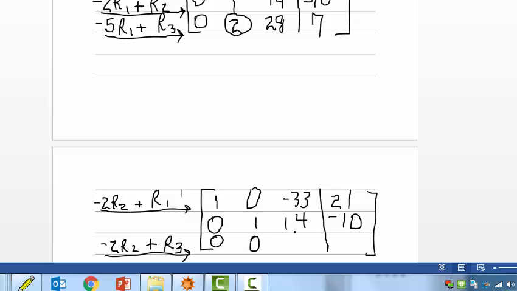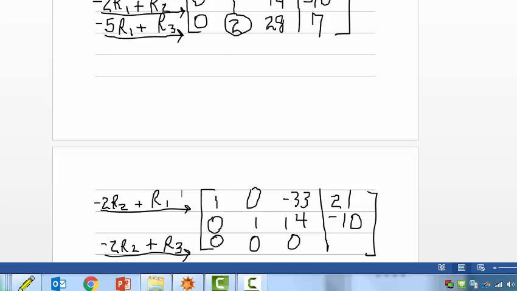Negative 2 times 14 is negative 28, plus 28 is 0. So I'm looking at the previous matrix, and I'm multiplying negative 2 times row 2 of the previous matrix, which is the same as row 2 in this matrix, since row 2 is my anchor row, and I'm adding that to row 3 of the previous matrix.